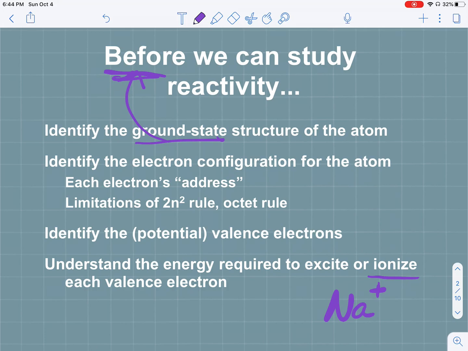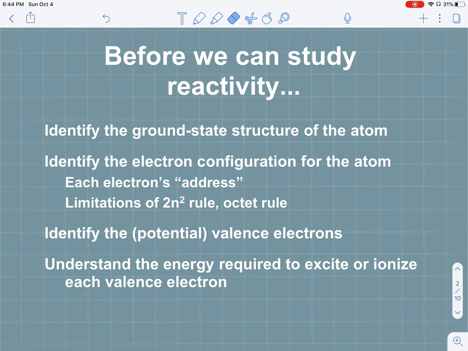So you could take that sodium atom and have an electron that just gets excited, so it just moves out a little bit, but doesn't actually leave the atom. Or you can have a sodium atom where the electron's actually removed, or it's somehow released completely from the atom, and then that would be ionized.